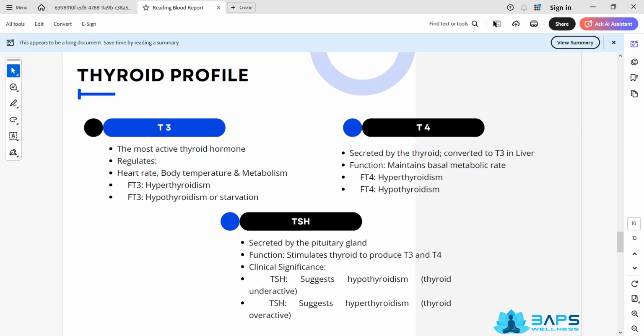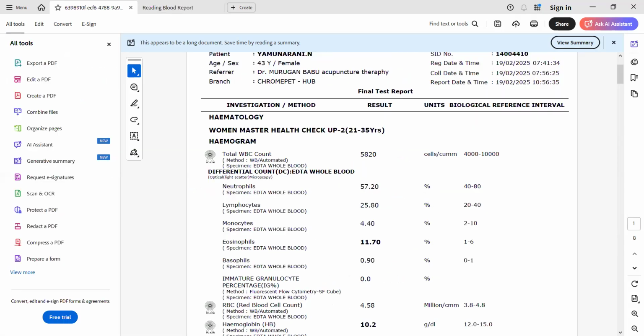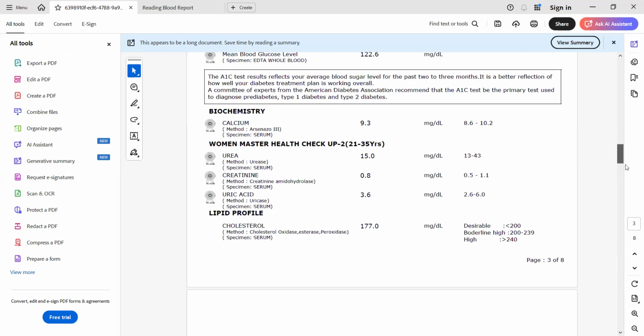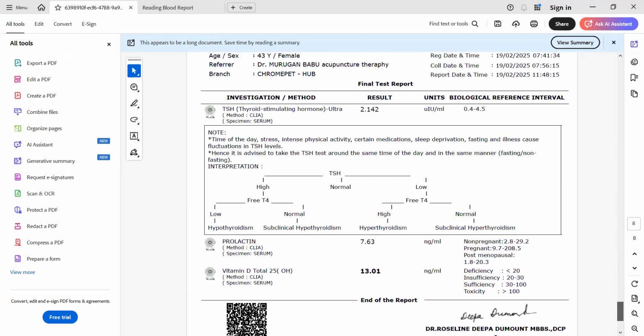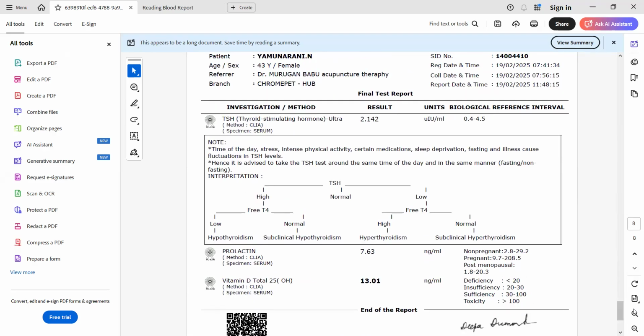Even in the reports, you can get to know, they would have given that. I will show you. Are you able to see this? TSH is normal, whereas T4 is more.